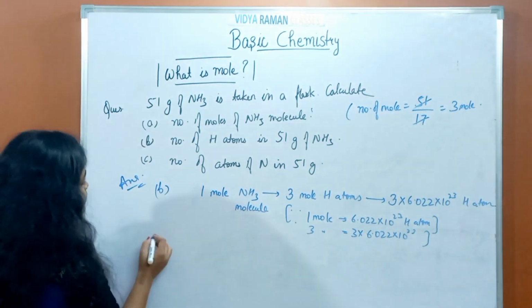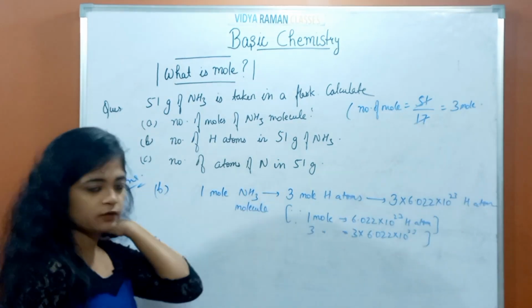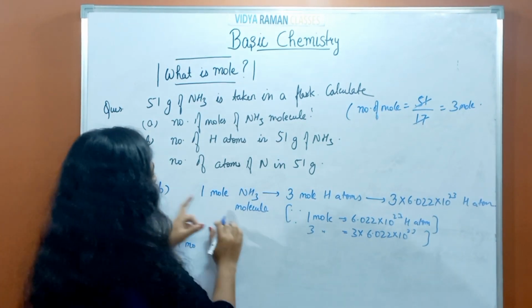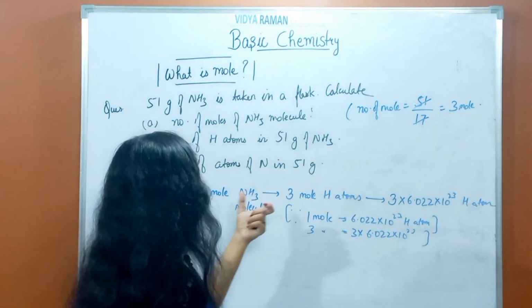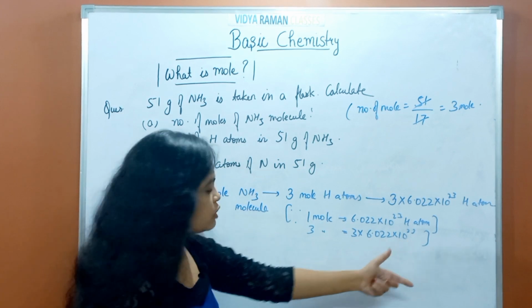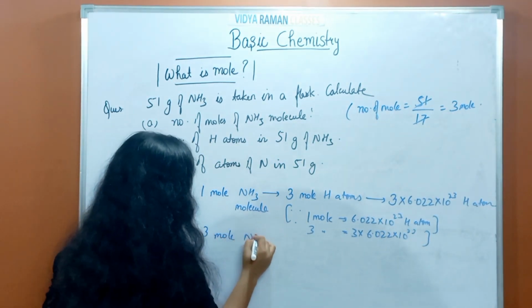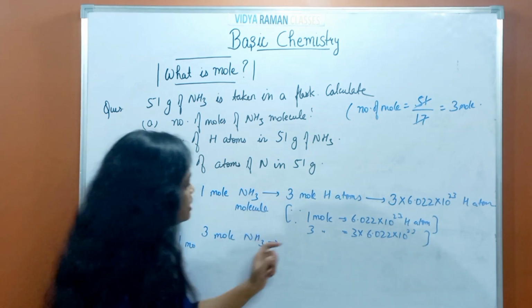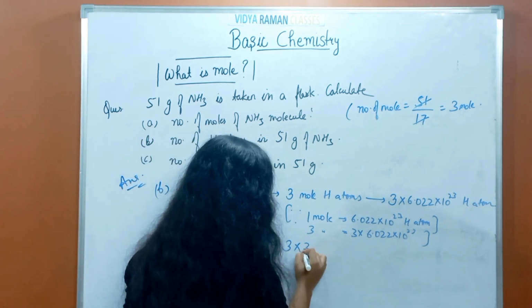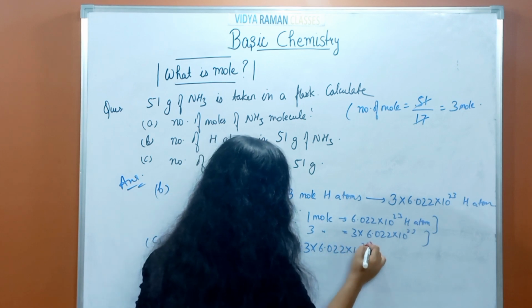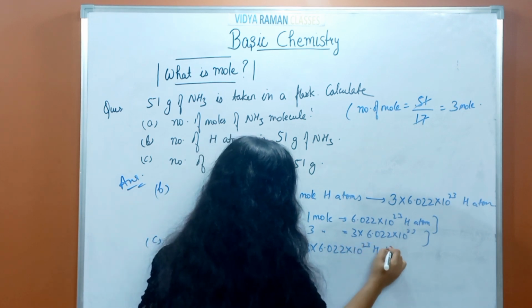Now next is number of atoms of nitrogen. So similarly, 1 mole NH3 is containing this number of hydrogen atom. So what about 3 mole NH3? 3 mole NH3 will be 3 into 6.022 into 10 to the power 23 hydrogen atoms.